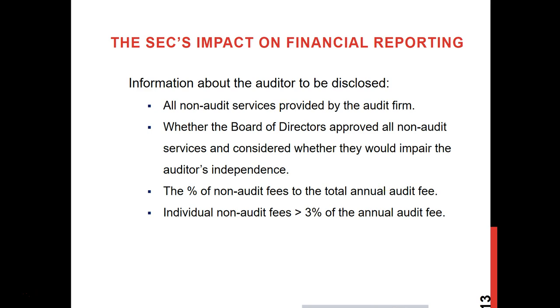They also need to disclose a statement as to whether the board of directors, or the audit committee if the company has one, approved all non-audit services after considering the possibility that such services might impair the external auditor's independence.